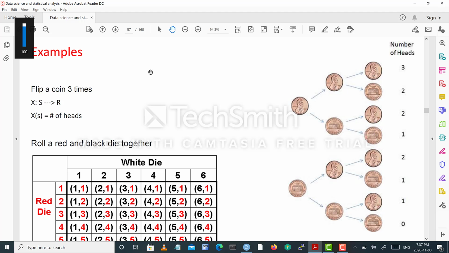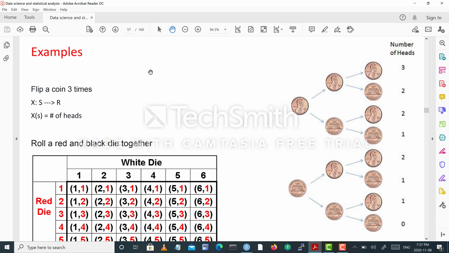Example: flip a coin 3 times. X is a function which maps from this space of coin outcomes into real numbers. X for any event gives the number of heads. So the sample space can be 3 heads, or 2 heads 1 tail, 2 tails 1 head, and so forth.